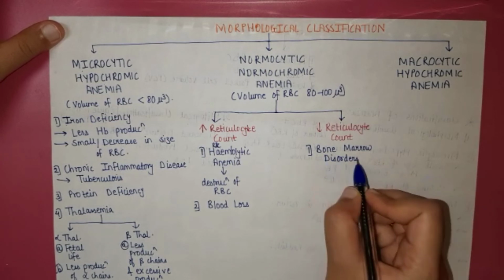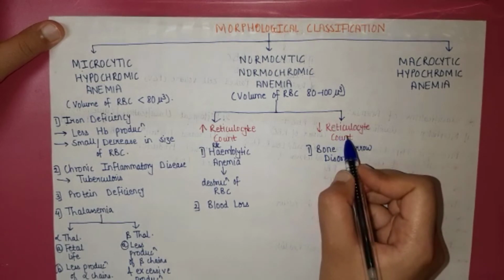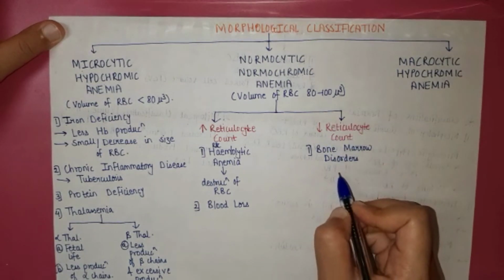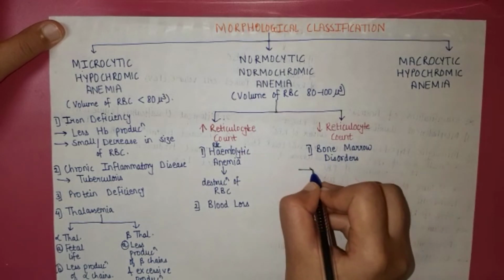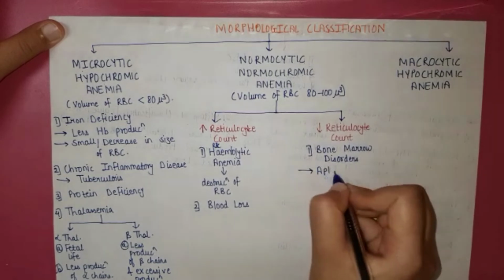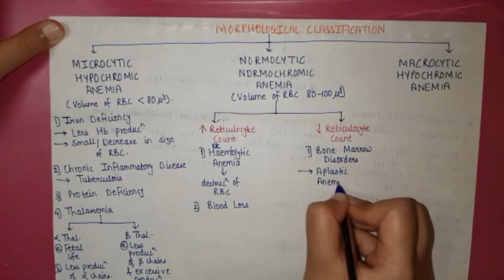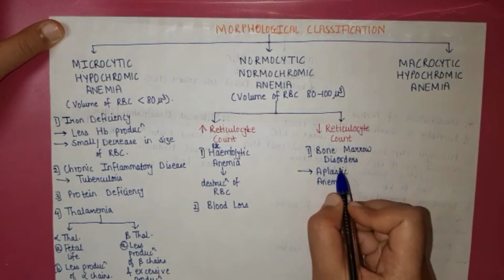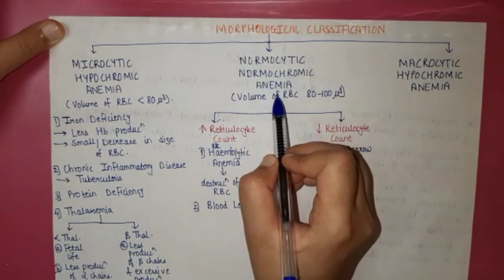So if bone marrow has disorders, it will lead to decrease in reticulocyte count. And if reticulocyte count decreases, it leads to less RBC production. Hence anemia is caused. This type of anemia is called aplastic anemia, which involves bone marrow disorders.